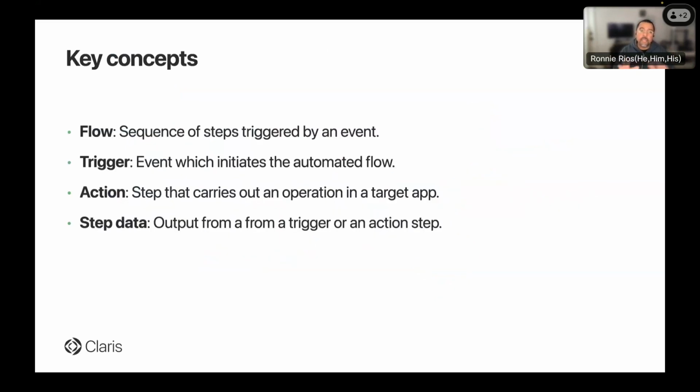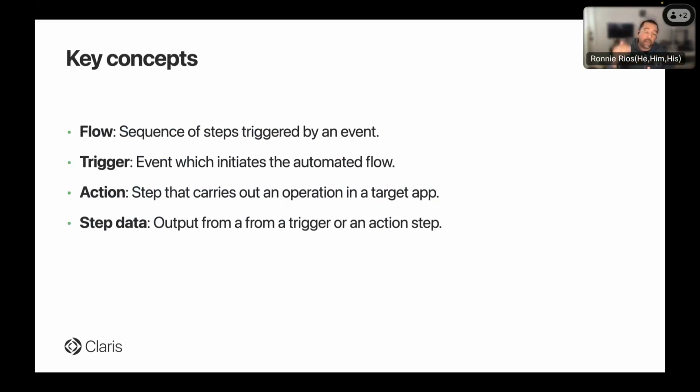Now, there are some key concepts that it's really important to understand before we get into Claris Connect. The first one is the concept of flows. Flows are, by definition, a sequence of steps that are triggered by an event. If you're familiar with FileMaker, think of them kind of like scripts.